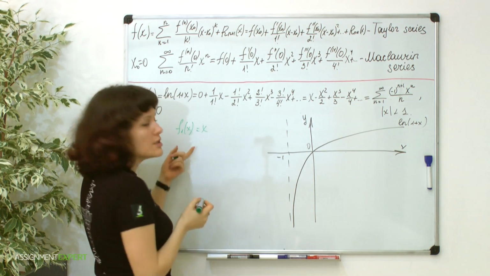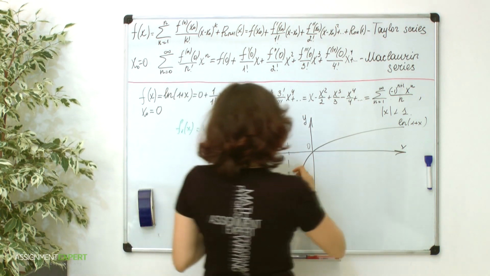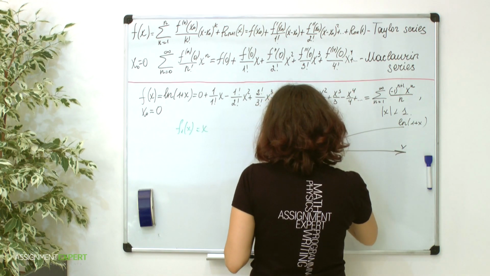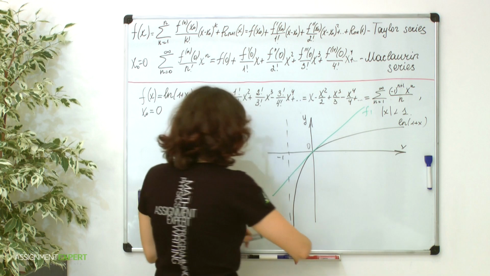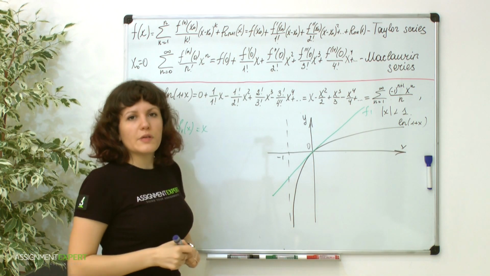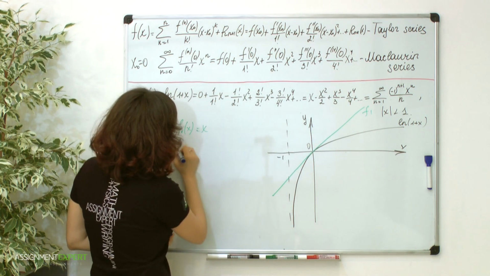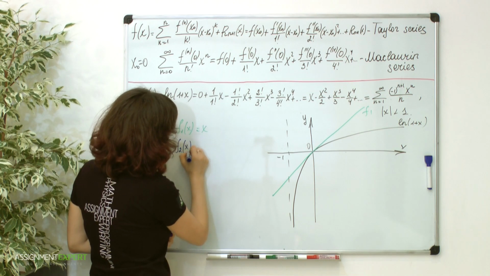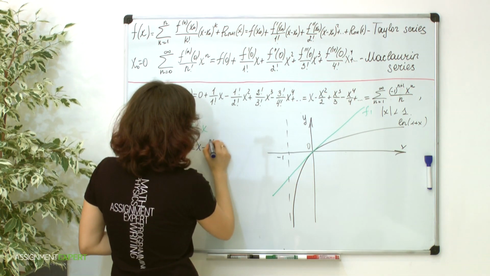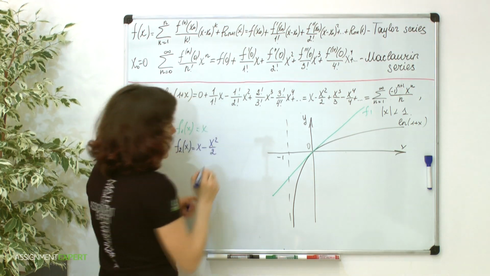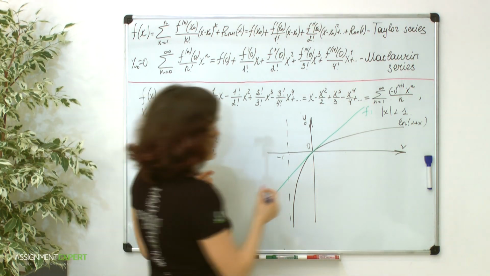And this is a straight line. The second degree approximation function f2 of x equals x minus x squared over 2. And this is a parabola.